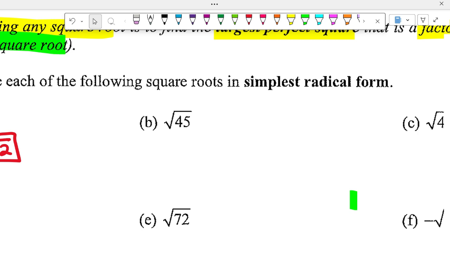Not 16 either. So, guys, in other words, what's the largest perfect square that divides evenly into 45? 9. It's 9. So we'll have the square root of 9 times what? 5. So how do I rewrite that?